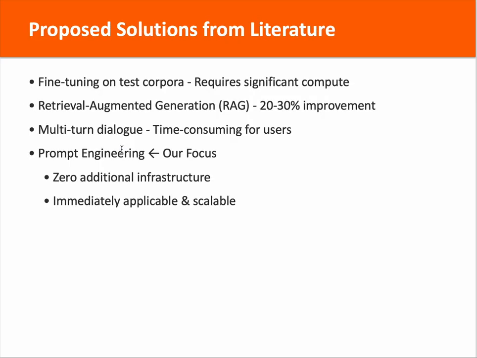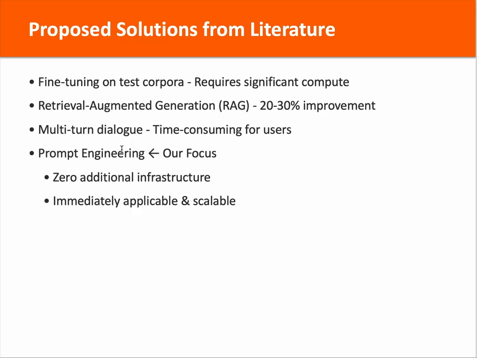The literature proposes several solutions. First one is fine tuning, which requires significant compute and is domain specific. The next one is RAG, which is retrieval augmented generation, which shows 20 to 30% of improvement, but again it requires some infrastructure. Then we have multi turn dialogue, which works, but it is time consuming.